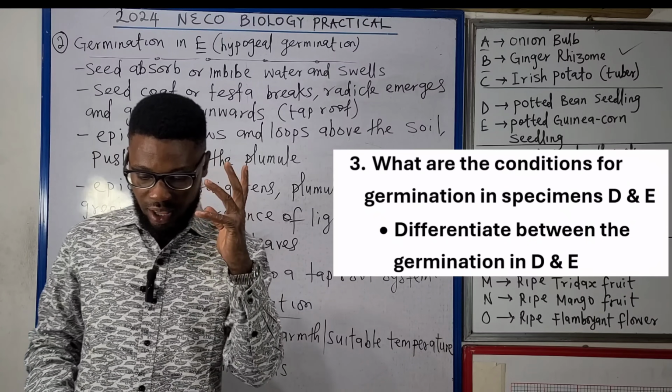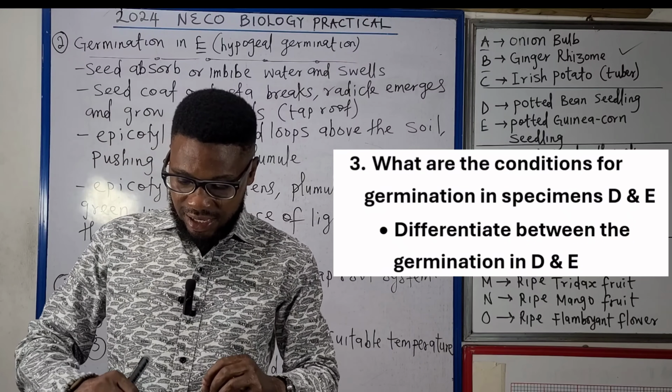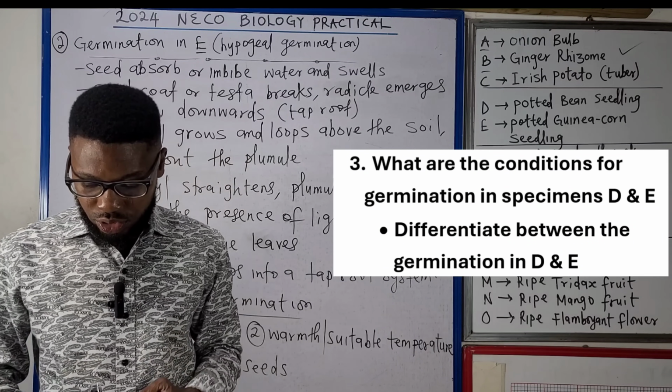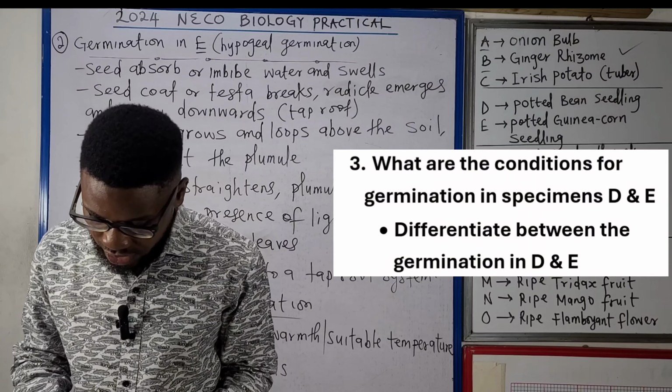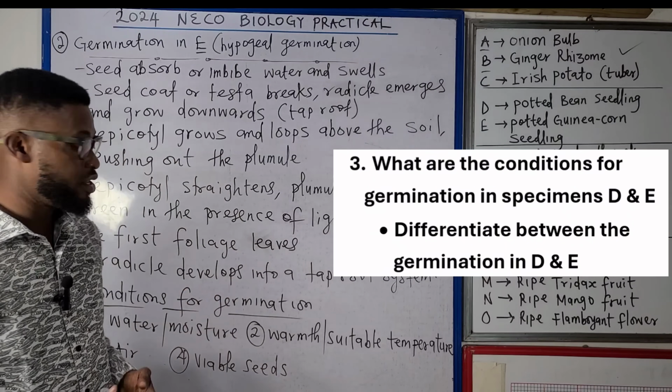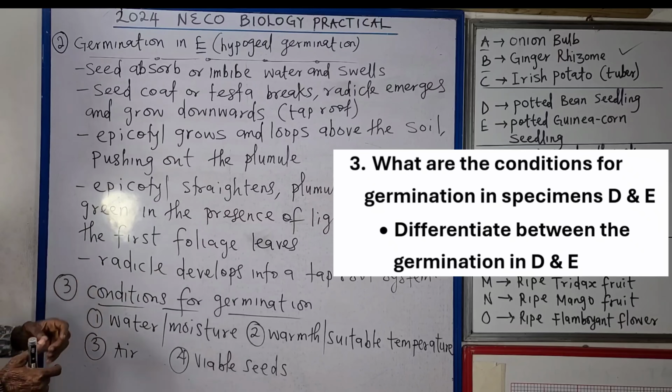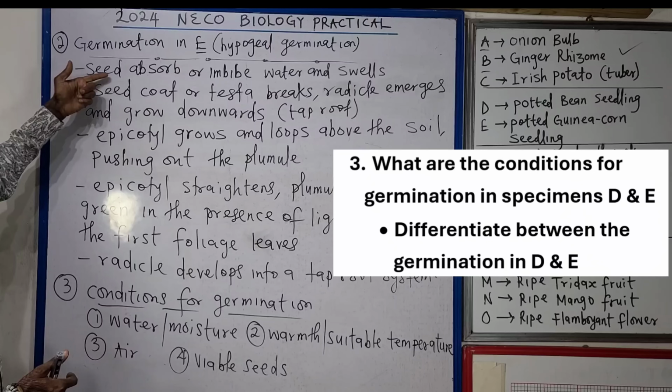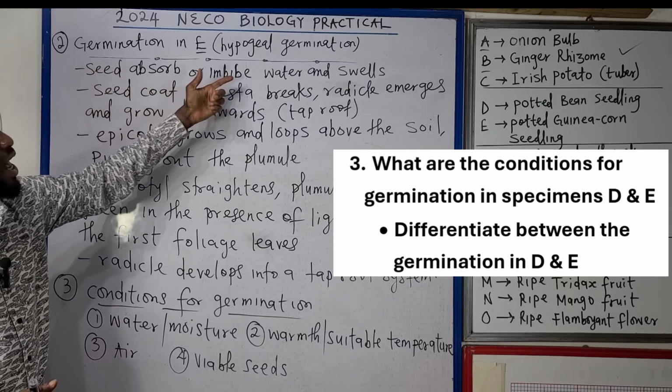Moving on to question 3, it states that we should state the conditions for germination. Now, the conditions needed for germination: you can see here that the seed absorbs and imbibes water.